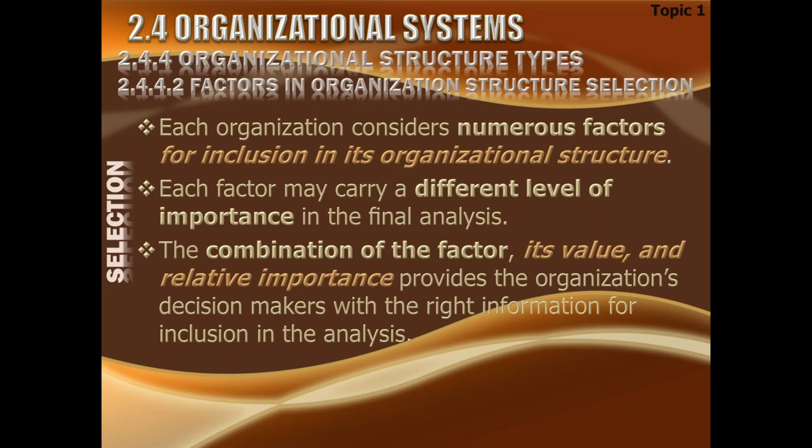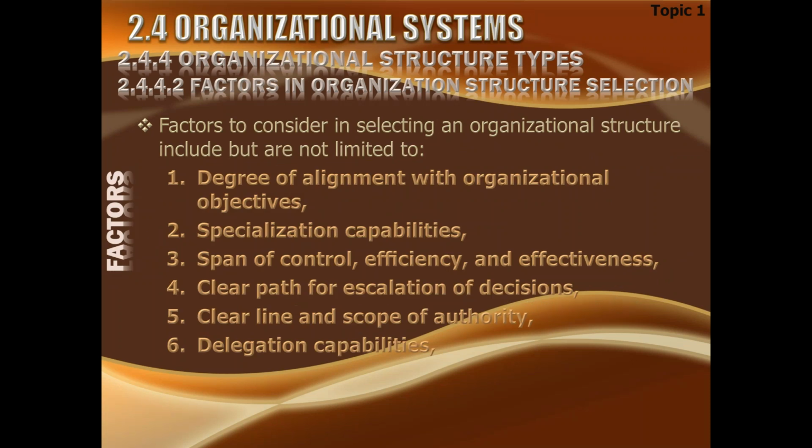Each organization considers numerous factors for inclusion in its organizational structure. Each factor may carry a different level of importance in the final analysis. The combination of the factor, its value, and relative importance provides the organization's decision makers with the right information for inclusion in the analysis.